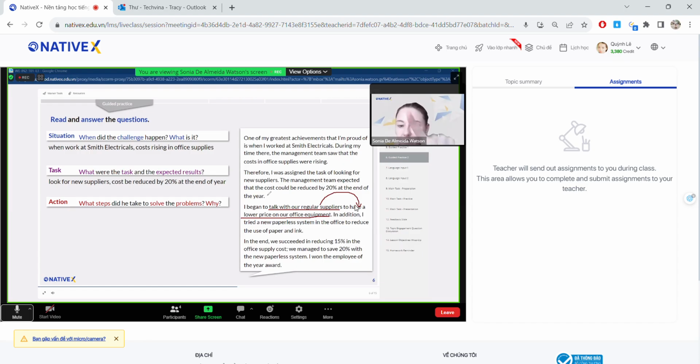So task 1, this is what he did. What else did he do? Yes, he tried a new paperless system in the office. Why? To reduce the use of paper and ink. That's right. So we have a great answer for our action part. We can see what he did and why did he do it.